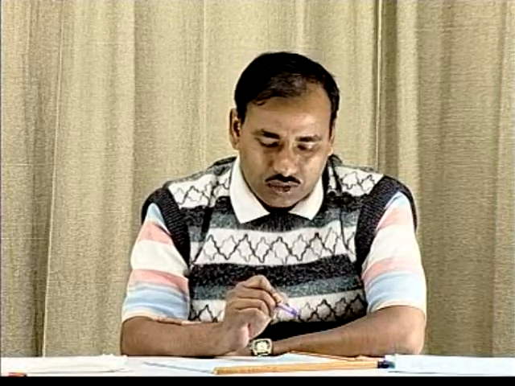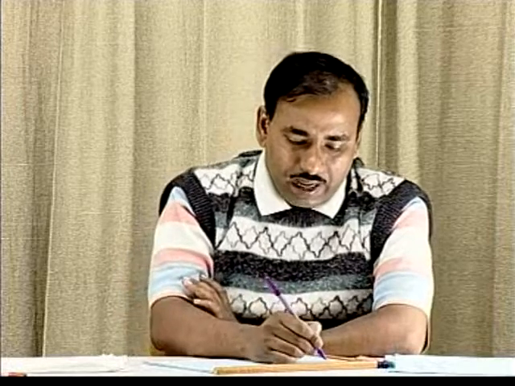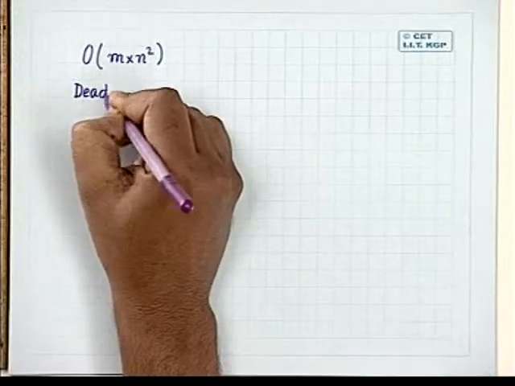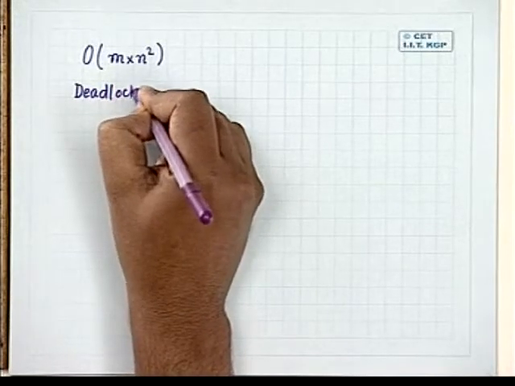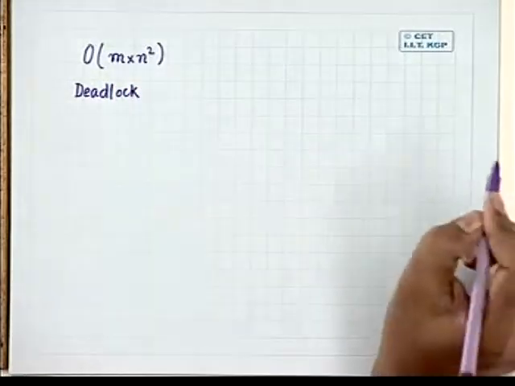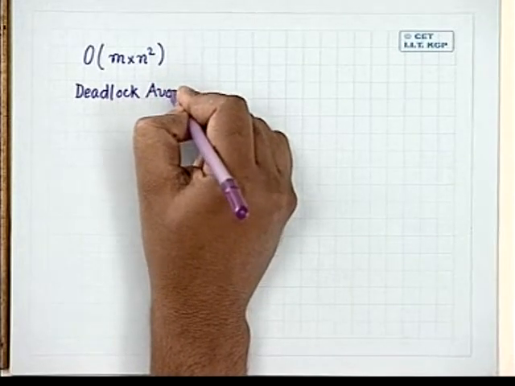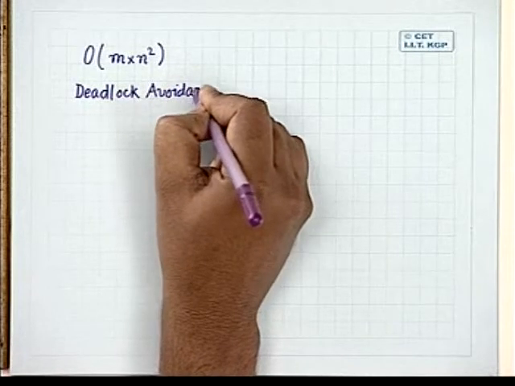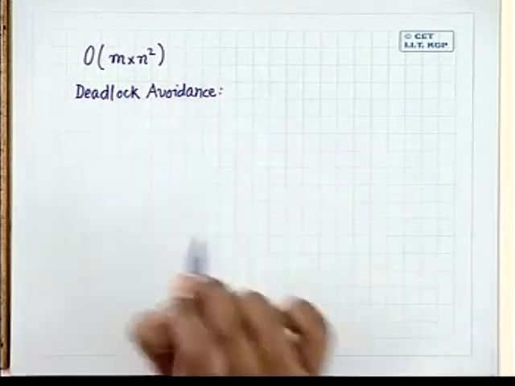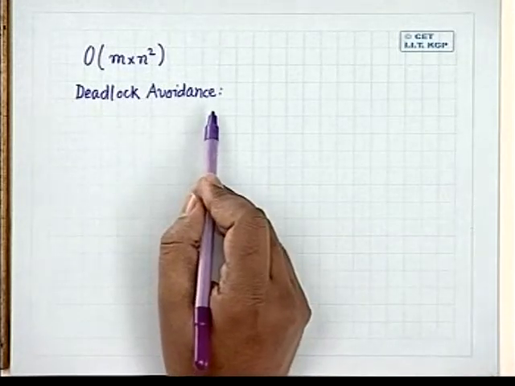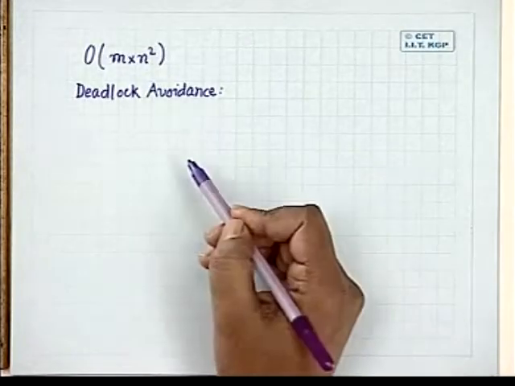So there, in case of deadlock avoidance, we have said that every process has to declare in advance its maximum requirement. So here also we assume that every process declares its maximum requirement in advance, and then we form a claim edge in the resource allocation graph.